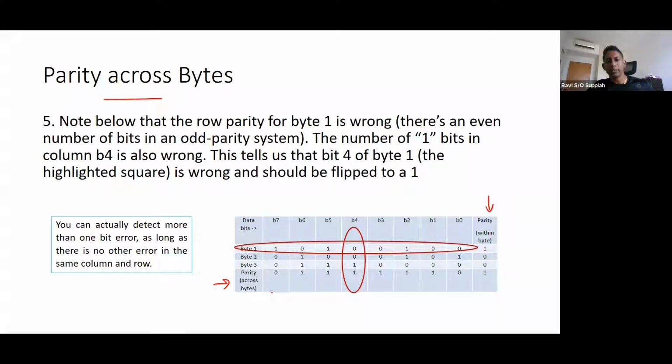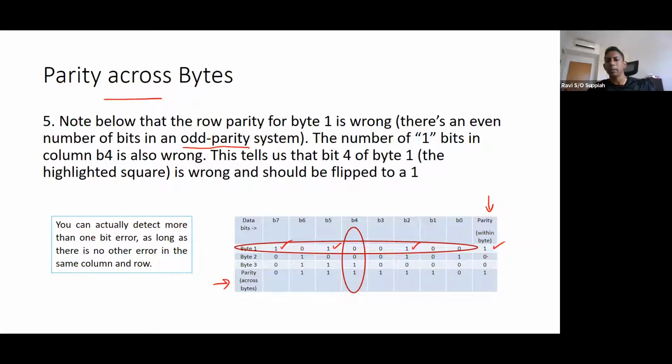You can see that for row 1 there is an error, because I am using an odd parity system here. That means I should have an odd number of ones, but I have 1, 2, 3 and the parity bit here is 1, so you can see 1, 2, 3, 4.